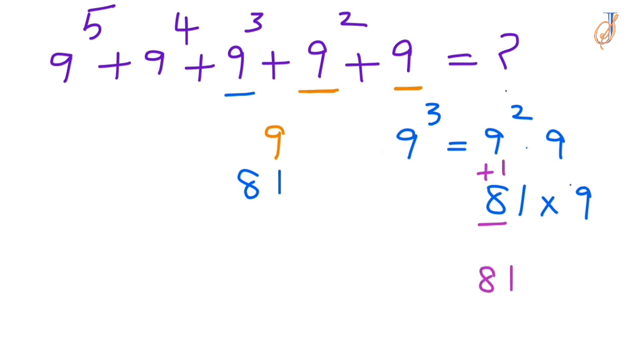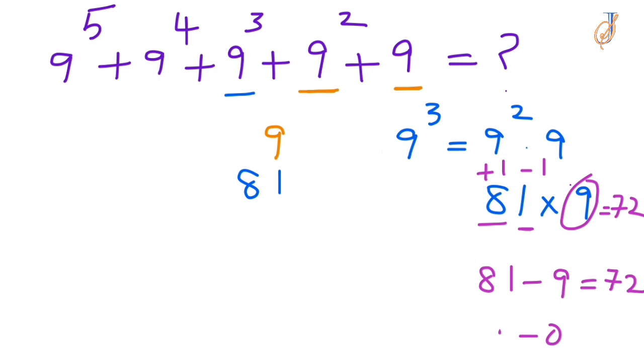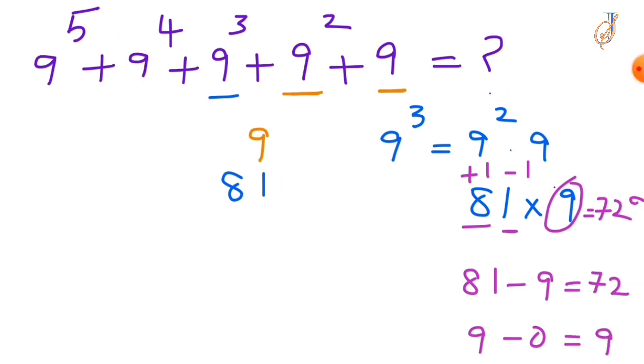From 81, if you subtract 9, you will get 72. Then the second digit is 1. For this one, you subtract 1: 1 minus 1 is 0. Subtract 0 from 9, which gives 9 only. Write 9 in your units digit. So 81 times 9 gives 729.